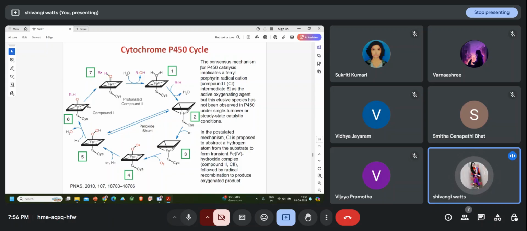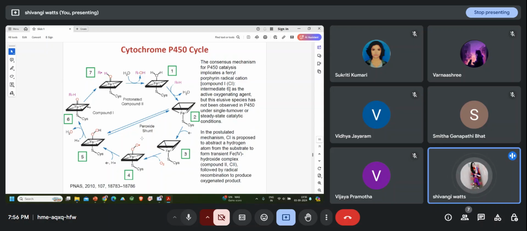So if iron gives one electron, it becomes iron +3 and an O single bond O radical forms. Now the oxygen radical will not be stable, so it will take one more electron and convert into O negative, and this O negative will take one proton and convert into OOH. Now, what do you mean by peroxide?